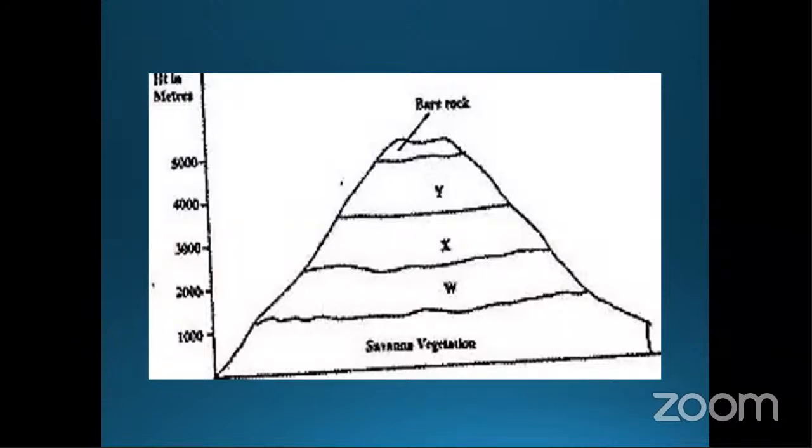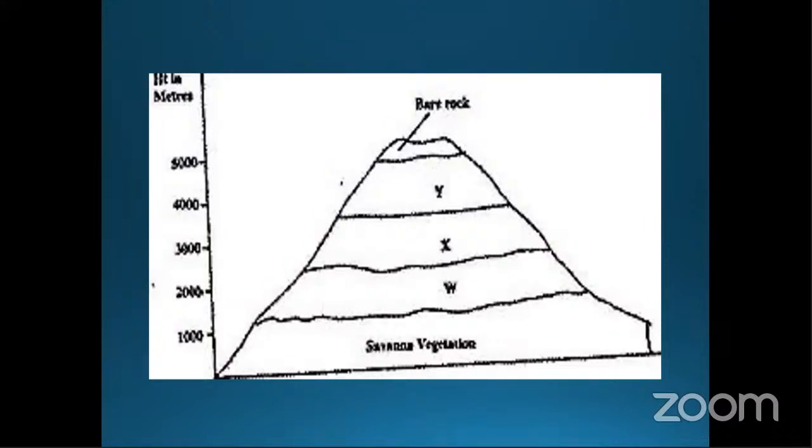So for example, here at the bottom of a mountain or a highland at around 1,000 meters high, you will find that there is savanna vegetation.